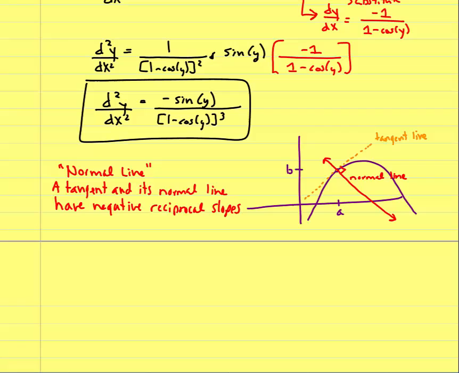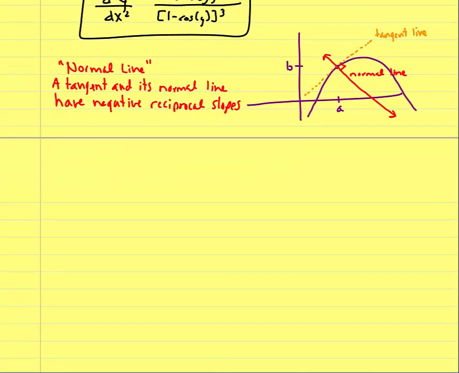Trying to avoid another page here, but I'll open up a new page for a quick example. So let's say the slope of my tangent line was 2/3. That would imply the slope of the normal line would be -3/2, negative reciprocal.